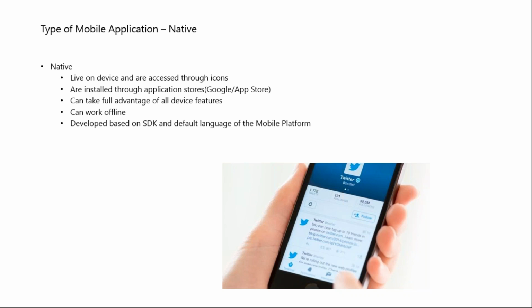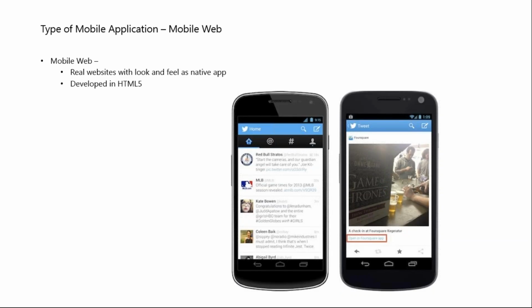Okay, next is the mobile web. So we can take the same example. So what mobile web is, it is actually the web application that you are accessing over mobile. Of course, the core development toolset that is required is similar to the web application.